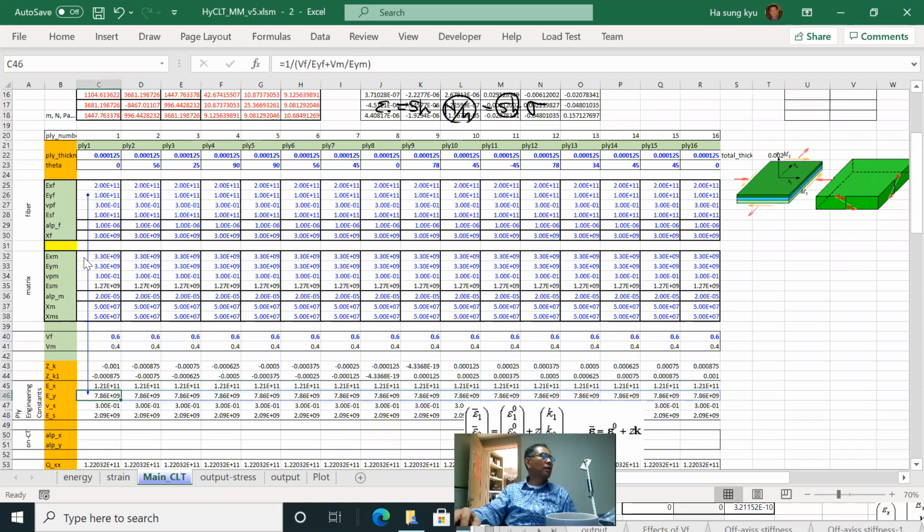Actually, matrix is always isotropic, but the fiber can be anisotropic. That's why we have EXF and EYF. They are different, but in most cases, the matrix is isotropic.